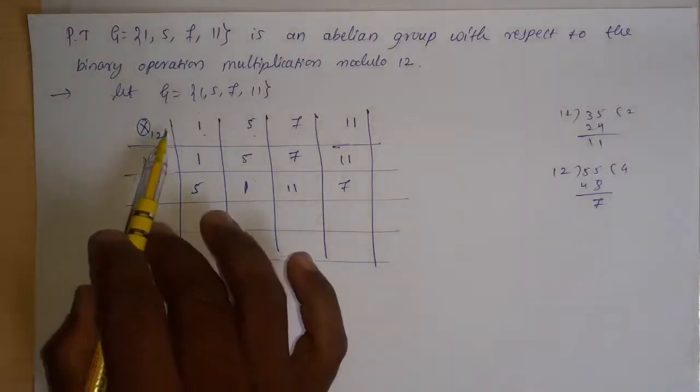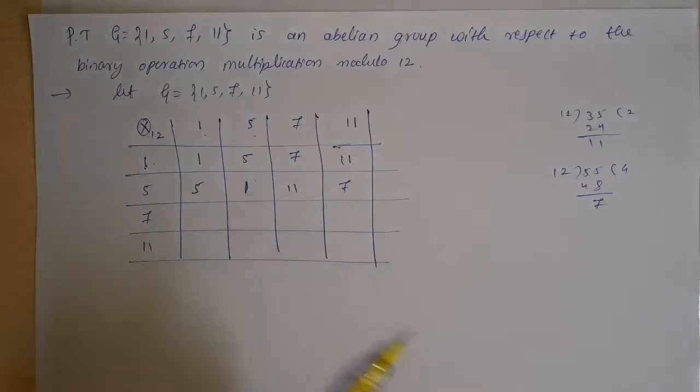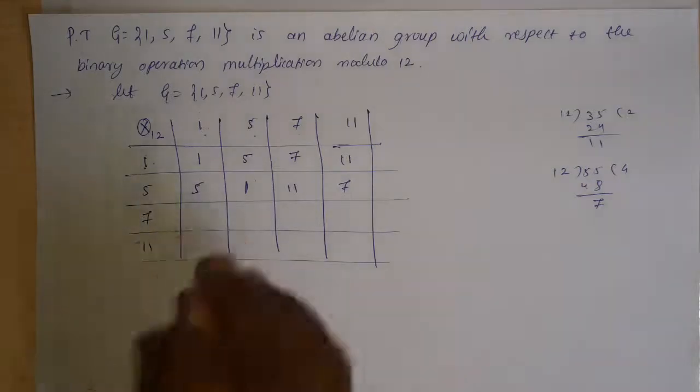So, whatever the modulo number is given, if the product of two numbers of the given set is greater than 12, then we need to divide by that number and substitute the remainder. If it is less than 12, then we can consider that product directly.